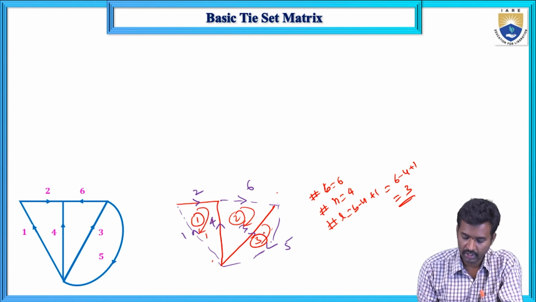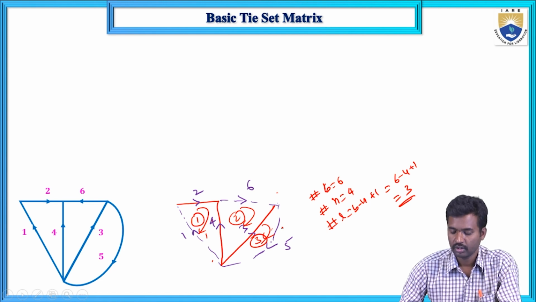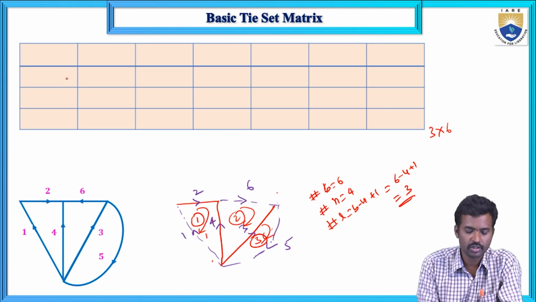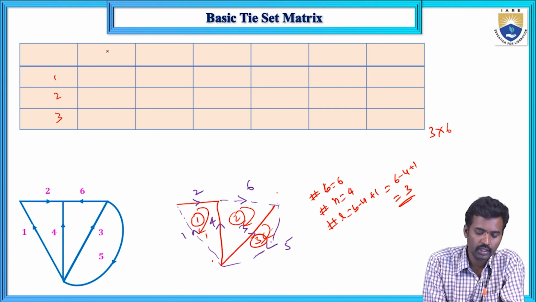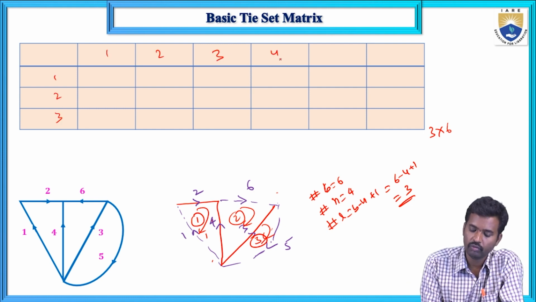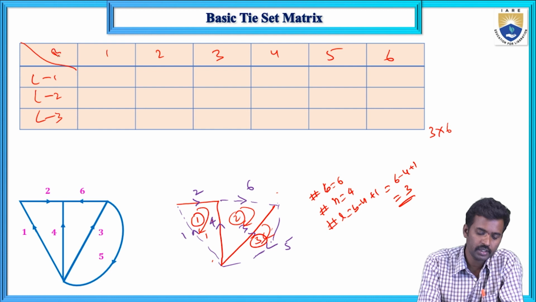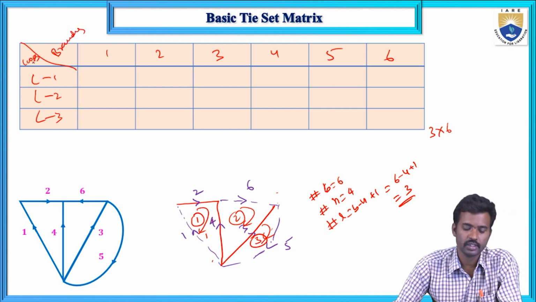The matrix size is 3 cross 6: link 1, link 2 and link 3 against branches 1 to 6. These are the branches, and these are the loops or links.